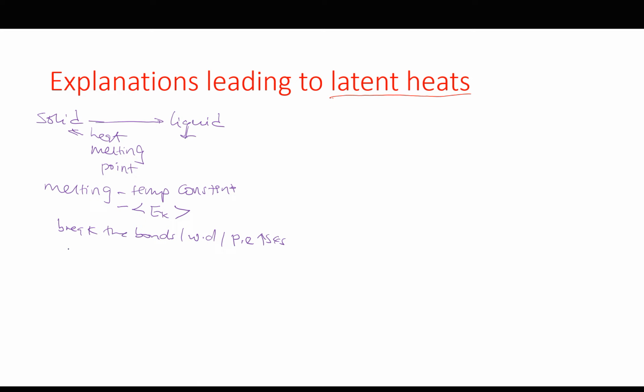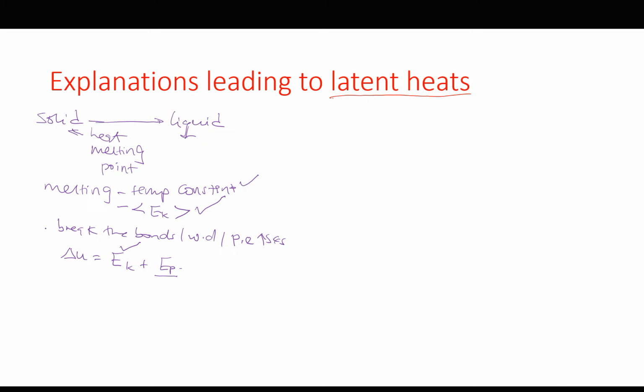So remember, the change in internal energy is equal to the random distribution of the kinetic and the potential energy of the molecules. Since the temperature is remaining constant, it means the average kinetic energy is remaining constant, which means the total kinetic energy is remaining constant. But energy is being supplied, heat is being supplied. So this heat supplied must be somewhere.